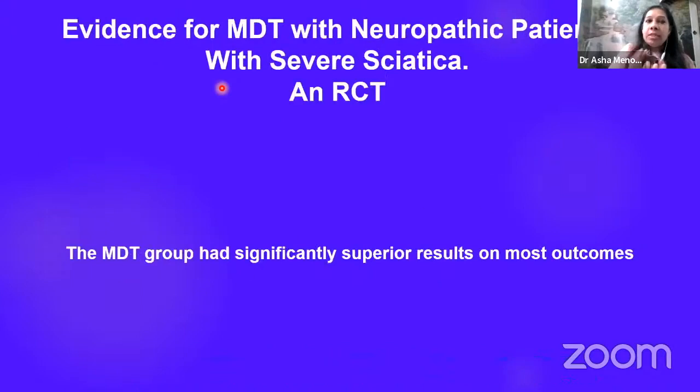And so let's look at some of the evidence for MDT with this population of patients. Let's look at severe sciatica. It's an RCT, and we know that severe pain can be a barrier to recovery, and a driver to pain and disability.